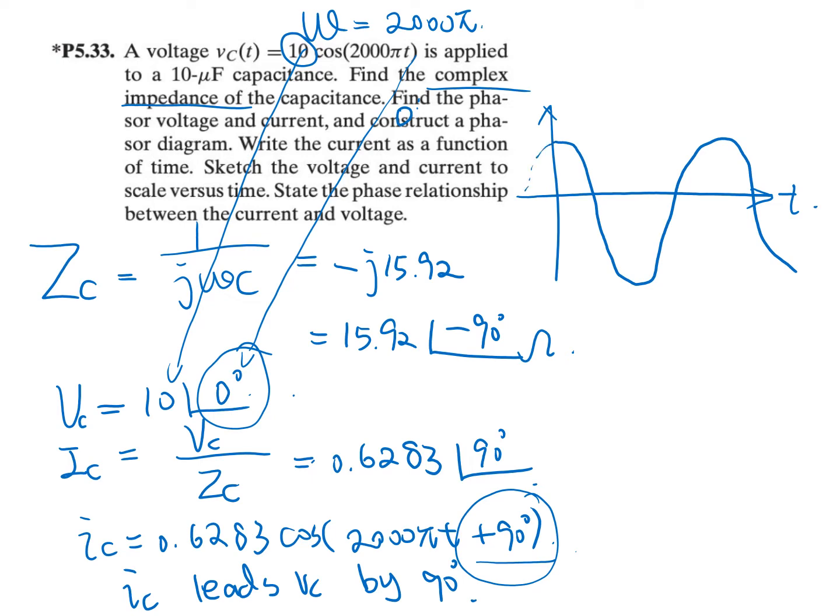This is the voltage, and the current leads 90 degrees. So the current actually starts here. So the current looks like this. Be careful about the amplitude. The amplitude for the voltage and the current is not the same.